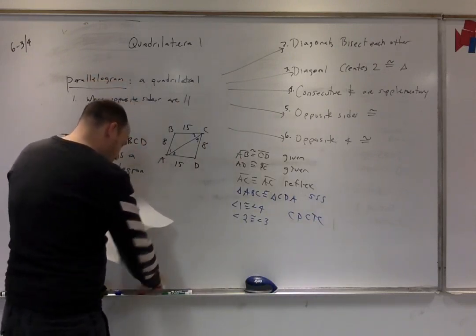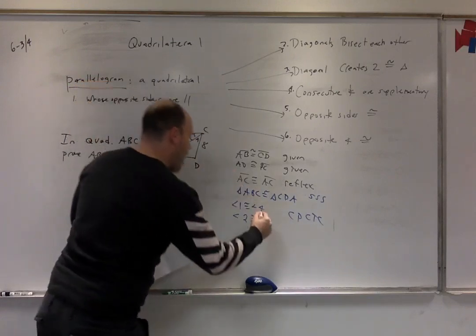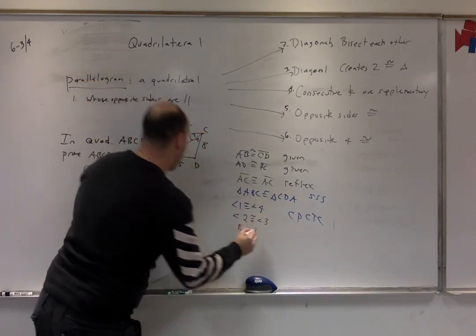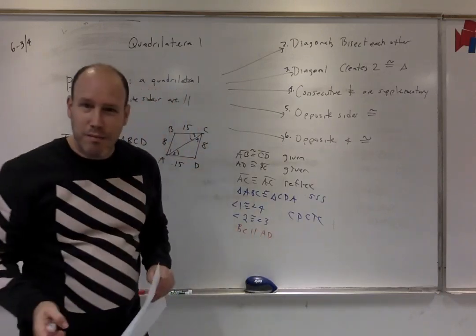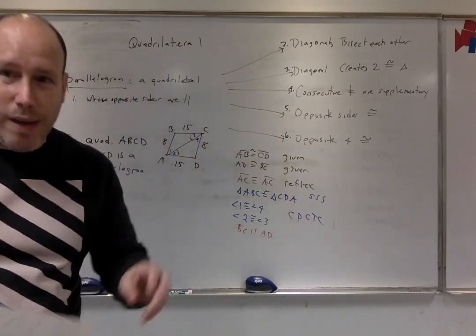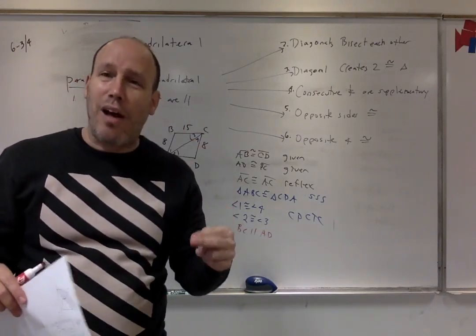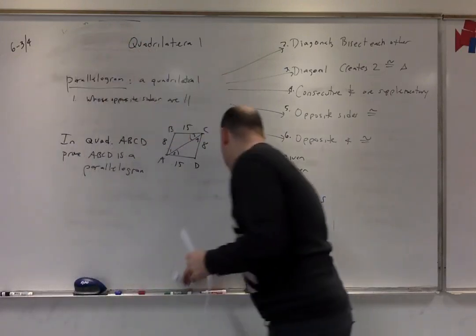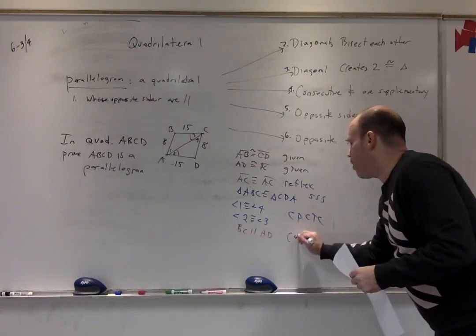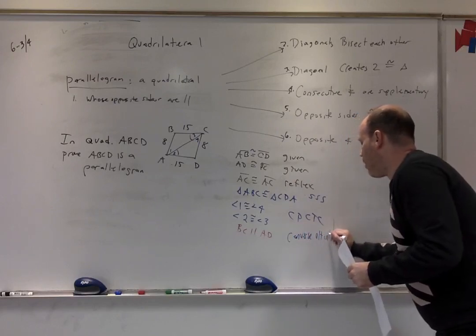And we're done, right? So we know if this is congruent to that, that means that BC is parallel to AD. Why are they parallel? Because of the converse of the parallel lines theorem: if the alternate interior angles are congruent, the lines are parallel. Let's just write that: converse of alternate interior angles.